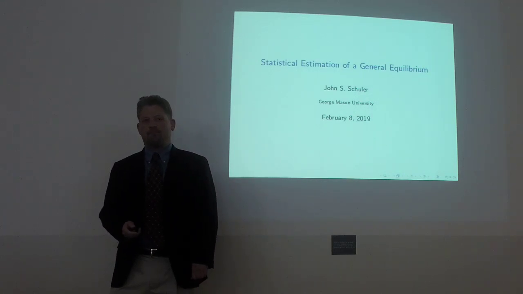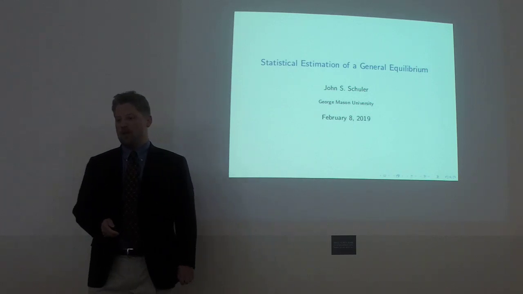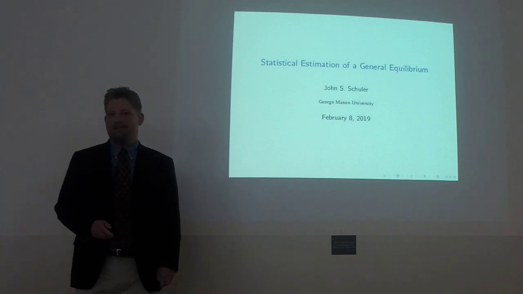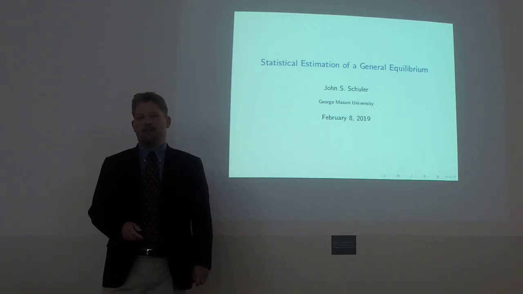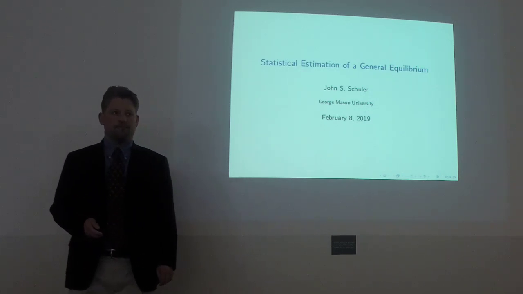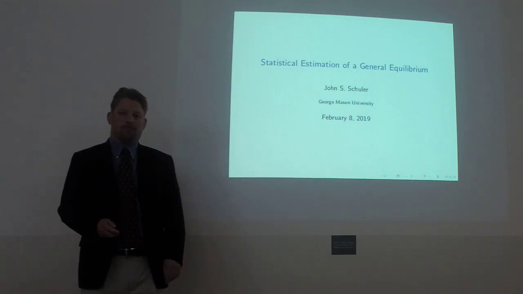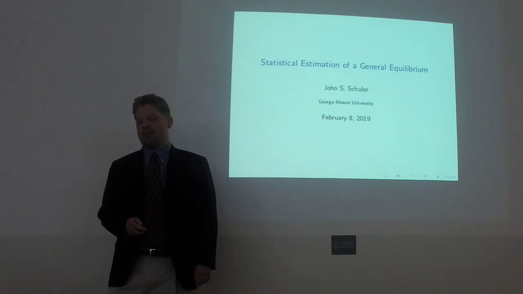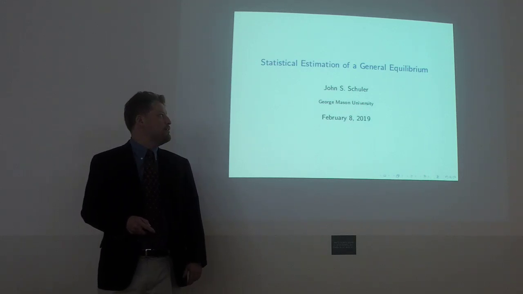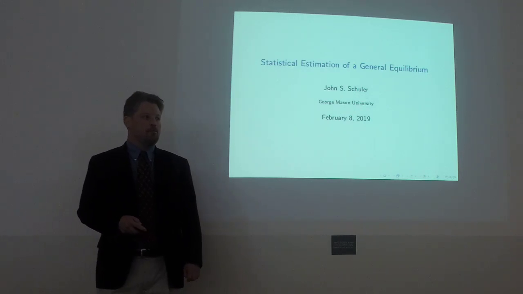If you've had at least a principles level econ course, you remember equilibrium as where supply crosses demand. You have a price that's called the market clearing price, where the quantity supplied equals the quantity demanded. A general equilibrium, in contradistinction to a partial equilibrium, is where all markets at once are in equilibrium simultaneously.